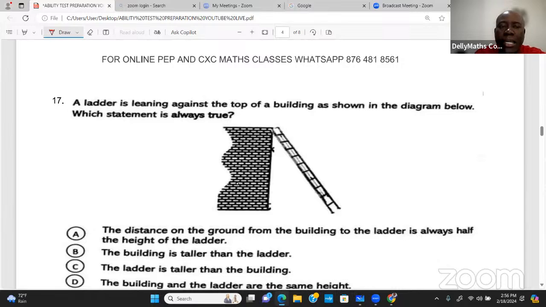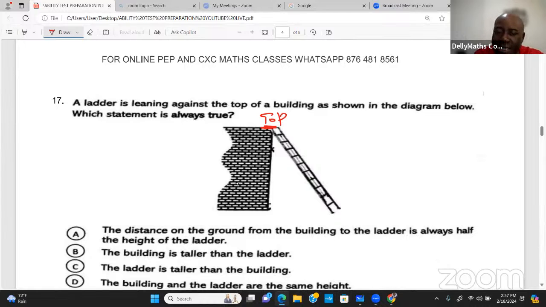It says a ladder is leaning against the top of a building as shown in the diagram below. Notice they said the ladder is leaning at the top. So this is at the top right here. Which statement is always true? When I look at this, I could tell you that this ladder is taller than this wall. Why?